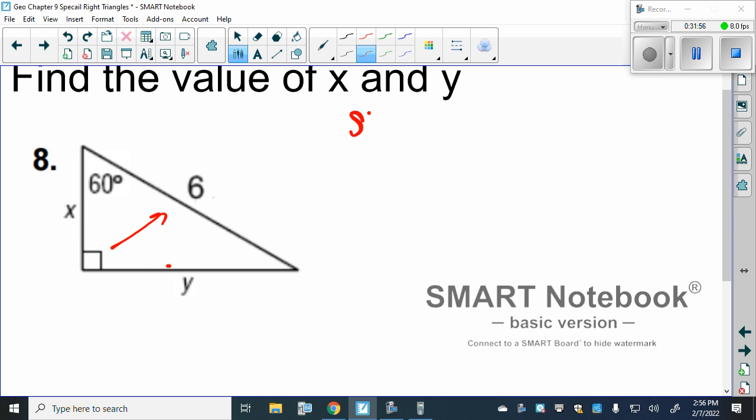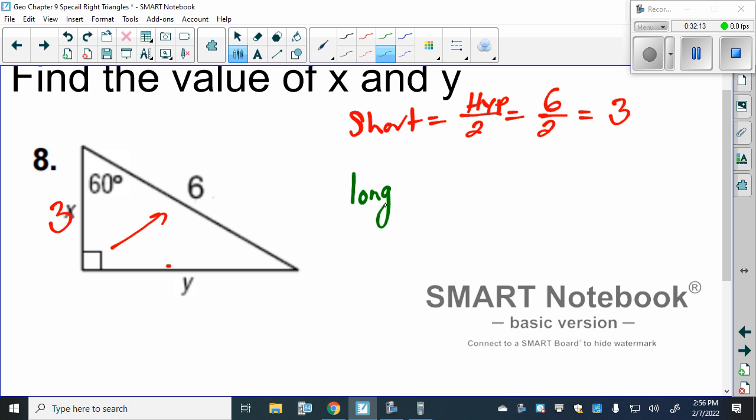So to get back to the short side length, which would be exactly 6 divided by 2. And 6 divided by 2 is? So the short side length is? Short times the square root of 3, which would be 3 times, well, that's just 3 square root of 3.